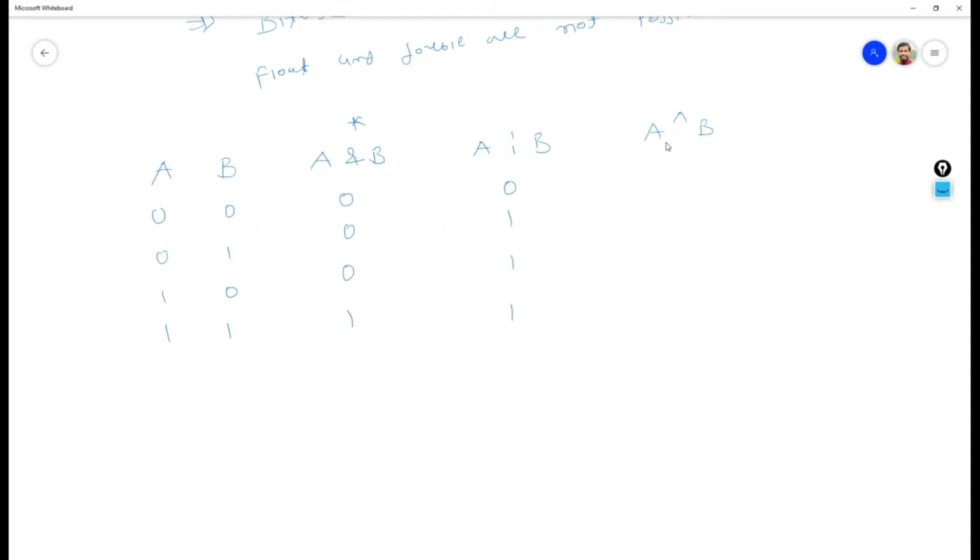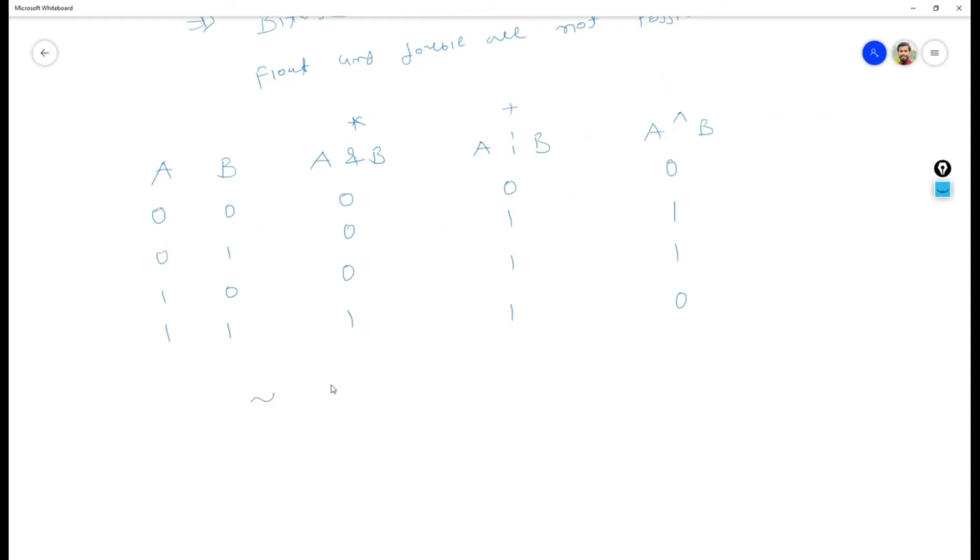XOR means 0 1 1 0. That means whenever both bits are the same, we get 0, and when they differ, 0 1 and 1 0, we get 1. This is XOR. So write down this truth table in your book.